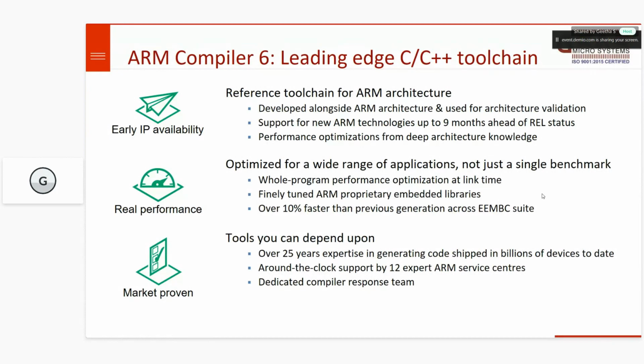Coming to ARM compiler 6, this is a leading edge C or C++ toolchain. To be more precise, team, I see in the attendee list you all have ARM licenses. These are customers who already have ARM licenses. ARM does not manufacture silicon of its own, but the silicon vendors approach ARM and license their IP core, and to that IP core they add their own set of peripherals and release it to market as a microcontroller or a processor.